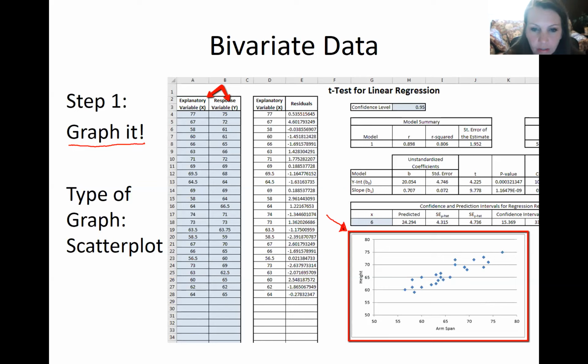Sometimes, like when I did this particular one, it wanted to start my x-axis on 0 instead of 50, so I had a whole clump of data over in the corner. If you just double click on the axis, then it will let you change those values. So I just went in and manually told it, hey, I want the axes to start at 50, not at 0.